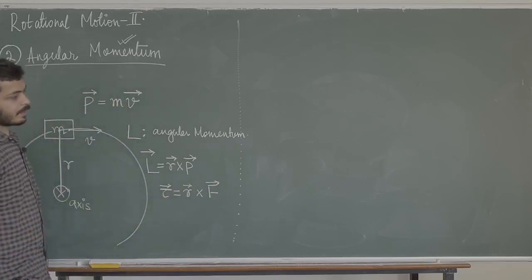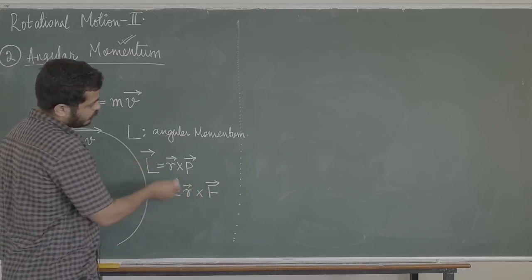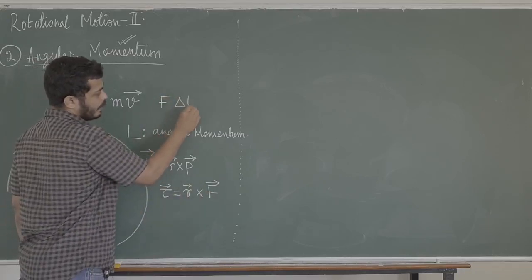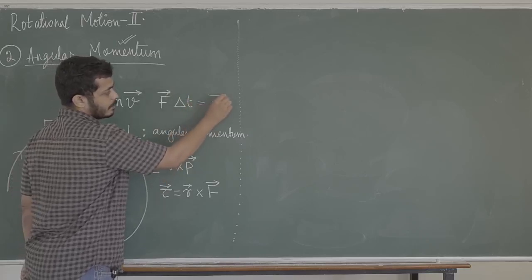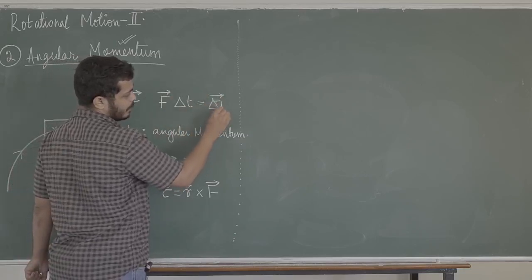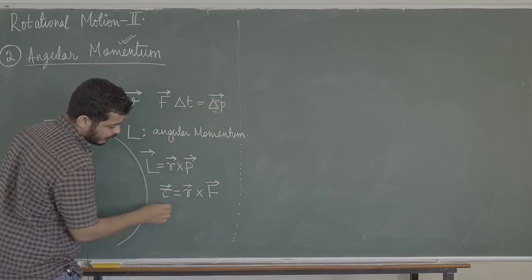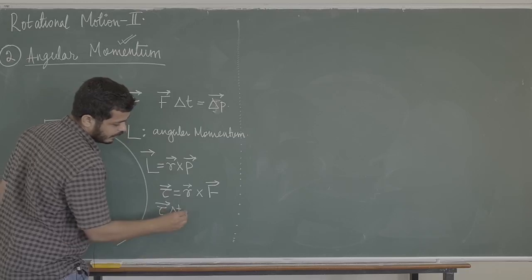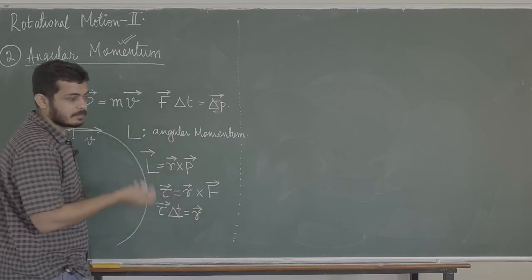That is torque. If you apply a force for some time, you might have studied this in your previous class, then you have what is called an impulse, which is also your change in momentum, delta P. The same way, if you apply torque for some time, you have torque vector multiplied by delta T, and that is R vector. You cannot multiply distance with time, it doesn't mean anything.